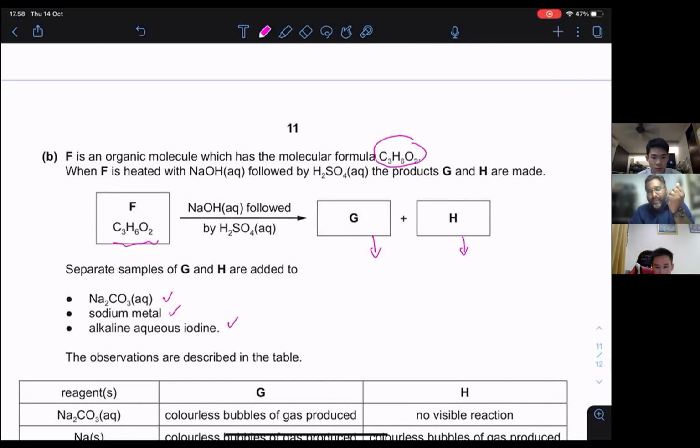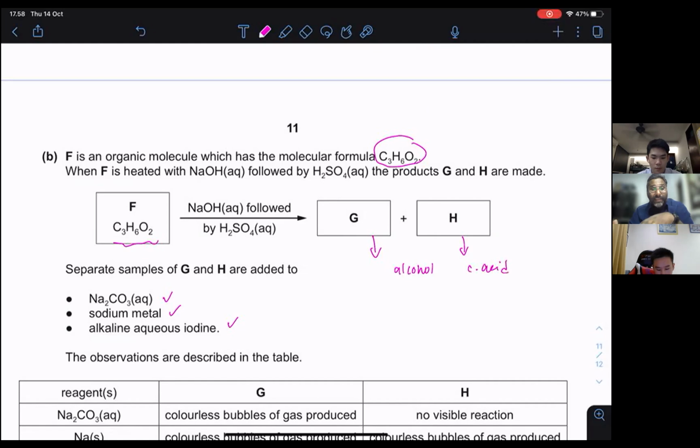Because C3H6O2, that's 2 O. If you have 2 O, it can be carboxylic acid or ester. If it is carboxylic acid, you react with NaOH, H2SO4 to give you two products? No, I don't think so. So the best answer will be ester. So G and H probably will be alcohol and carboxylic acid.